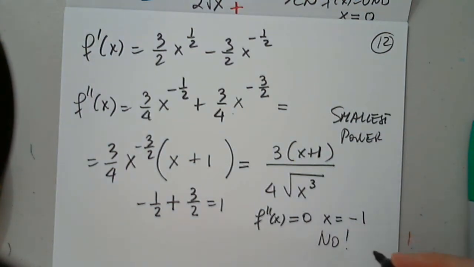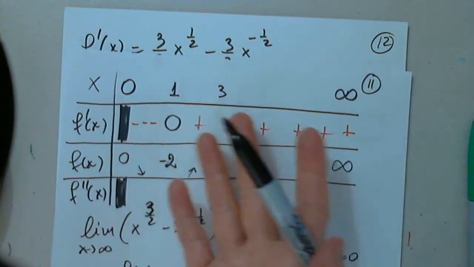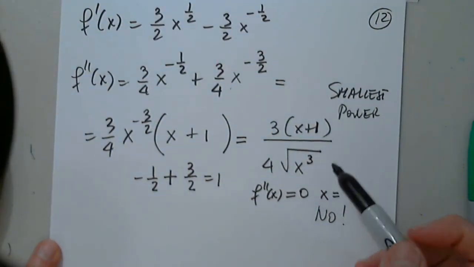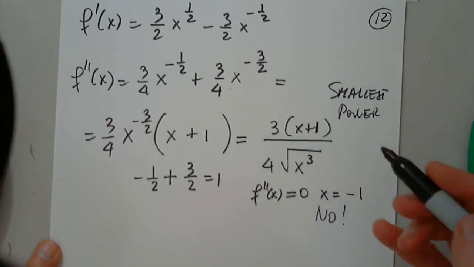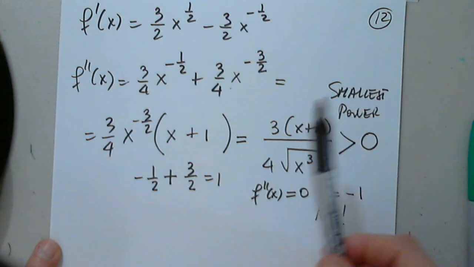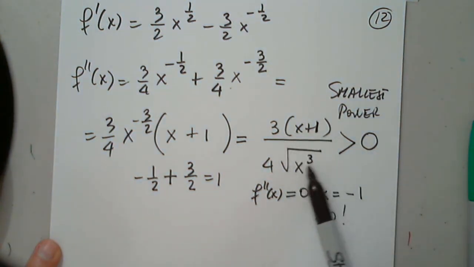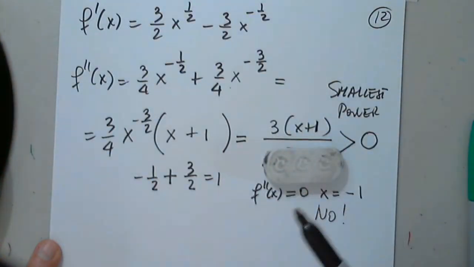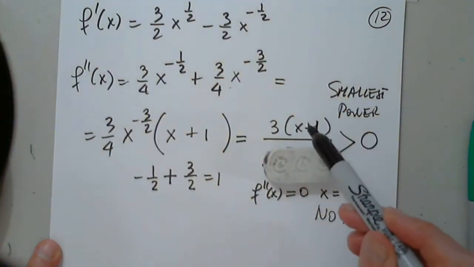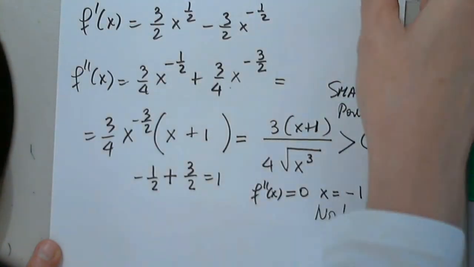No, it's not in the domain. Fine. It's even better. So now I need to study the sign, but x is always positive. The domain says 0 to infinity. This is positive, this is positive. Of course, it's a square root. I shouldn't even analyze this ever. It's always positive. And x plus 1 will all be positive because x starts at 0. Nice.